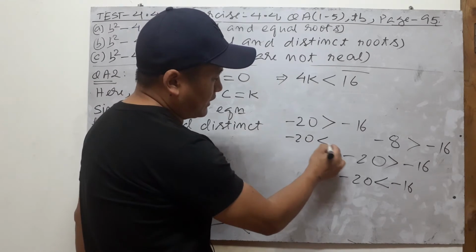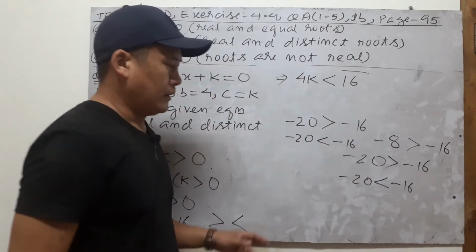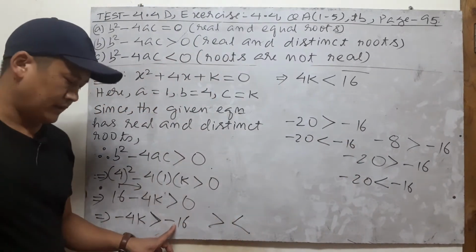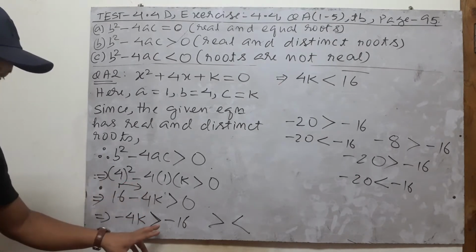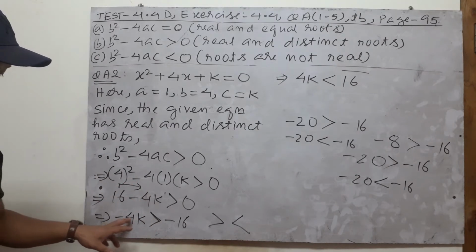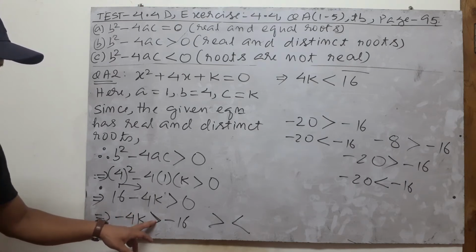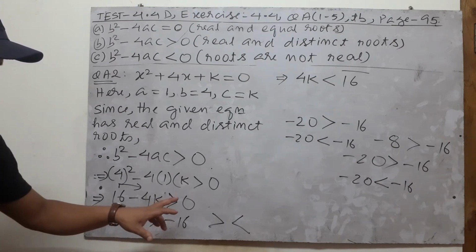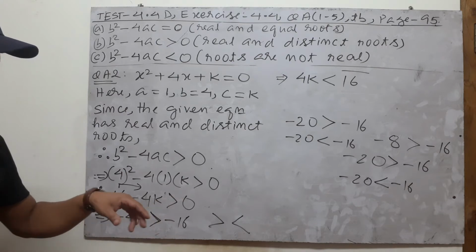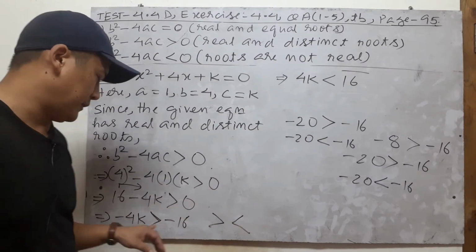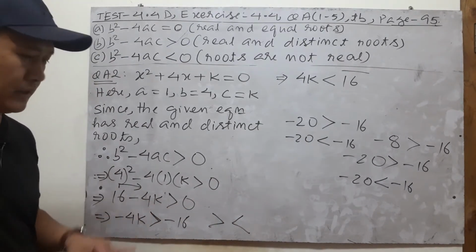Minus 20 will be lesser than minus 16. This is necessary because the numbers here are negative. So if you change negative to positive, this greater than will become smaller than. If it's equal, we don't do that, but it's not equal this way.